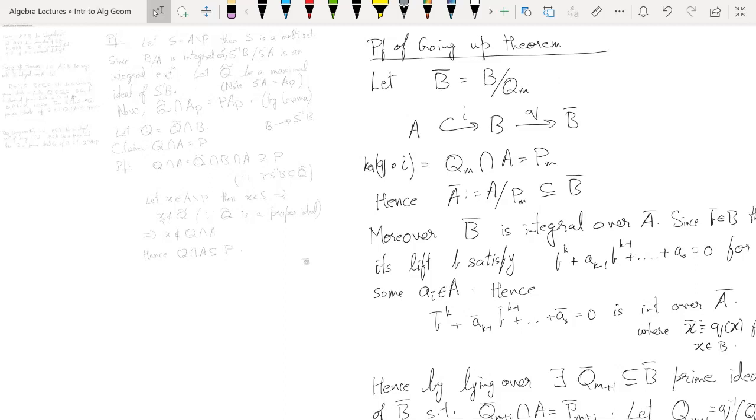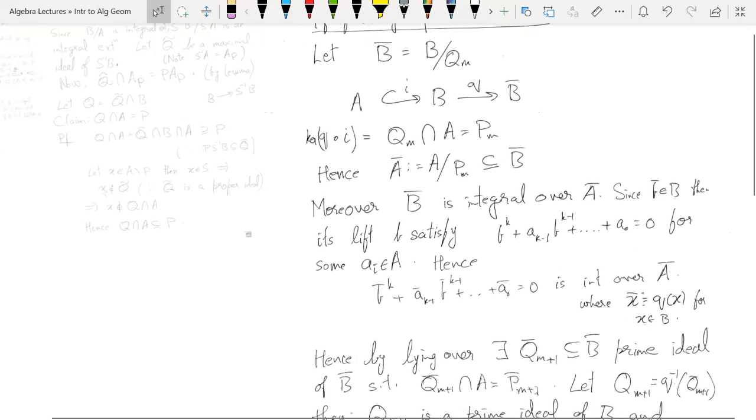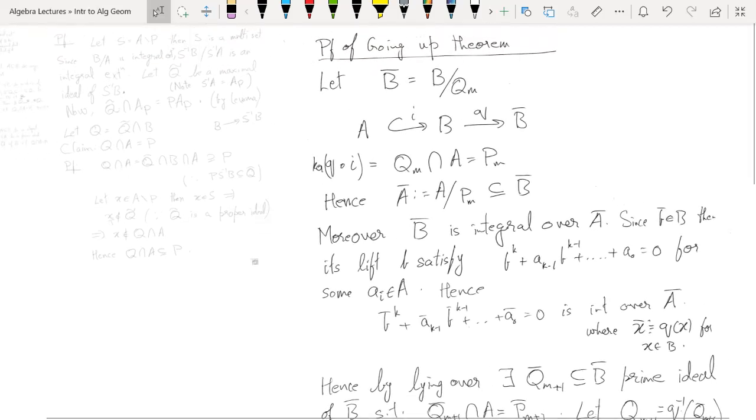It's pretty straightforward, once you have lying over. So what is the proof? We want to find QM plus 1. Once we find QM plus 1, the rest is straightforward. You just use the same method.